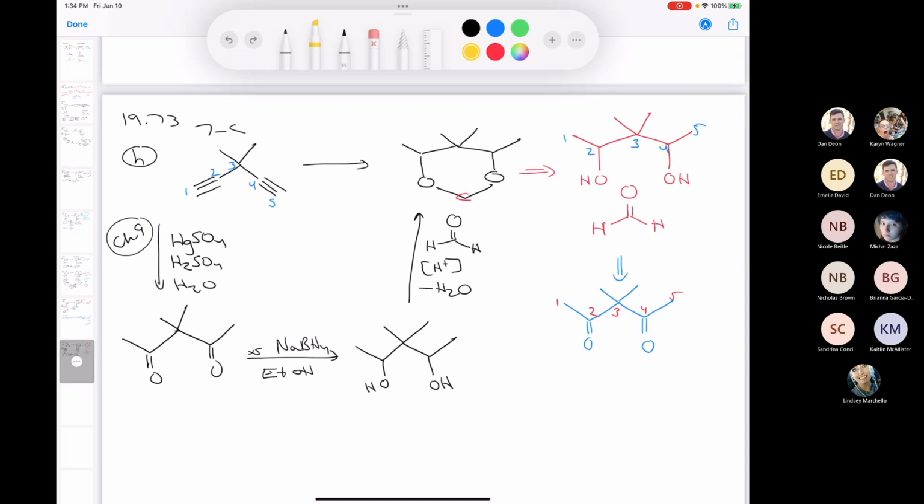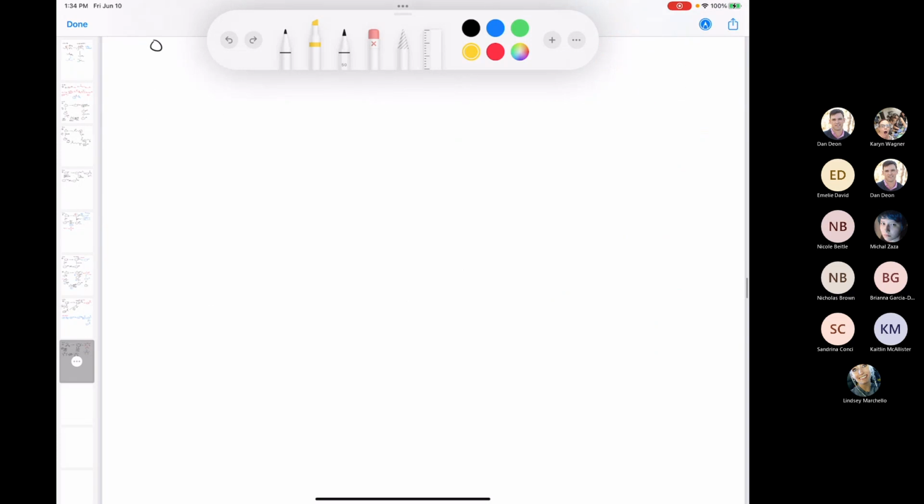This one's kind of a quick one, but I thought it was kind of interesting. So if we take an aromatic ring that has an alkyne attached to it, so we've got phenylacetylene like this, and we want to make this alcohol. So we want to make a primary alcohol off of those two carbons, and we're actually adding a carbon in the process.